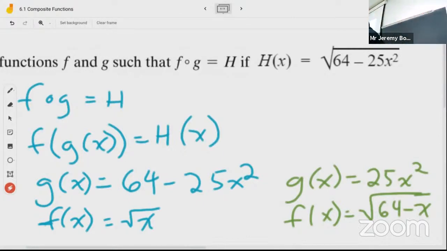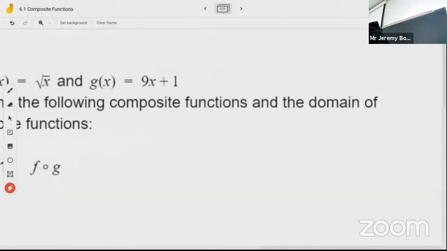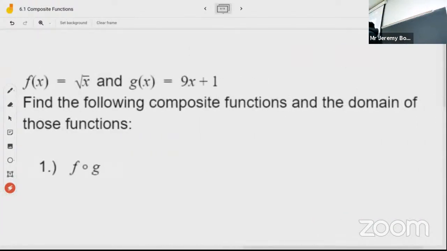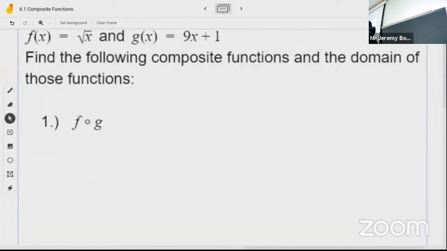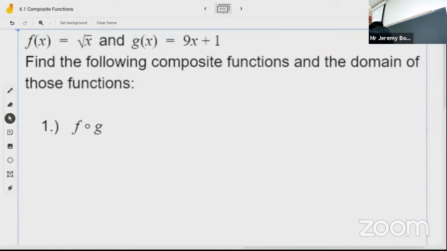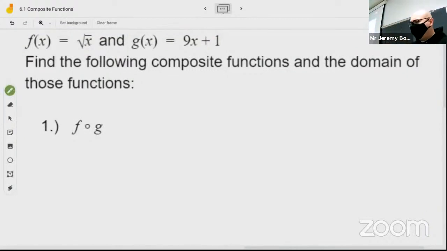All right, let's go to this one. So we've got f of x is equal to the square root of x, and g of x is equal to 9x plus 1. We're trying to find the following composite functions and the domain of those functions. So define f composed with g. Remember, that's f of g of x.